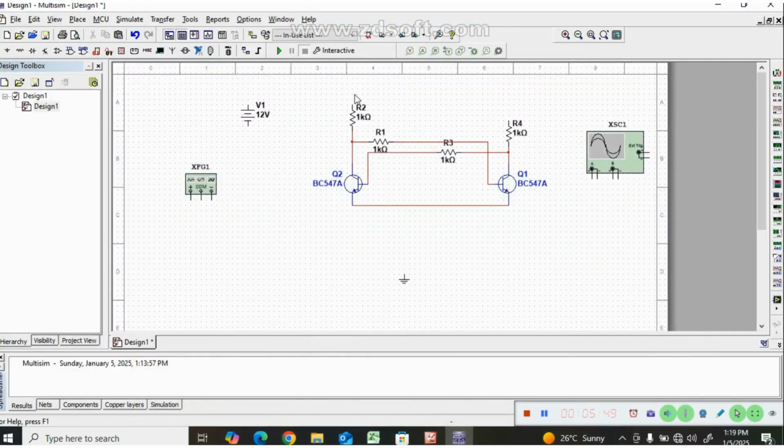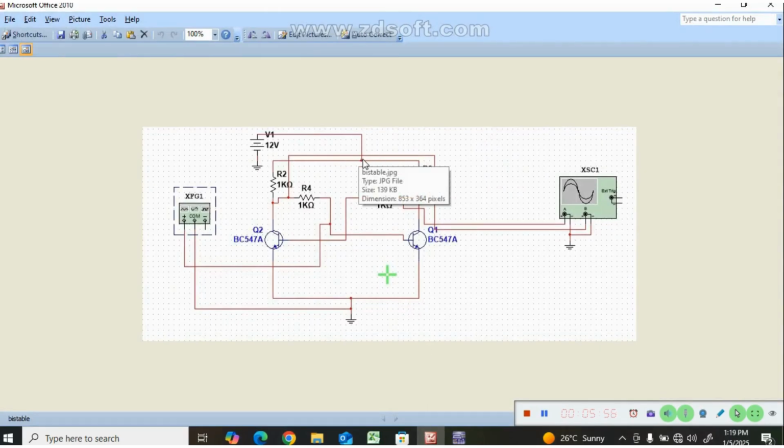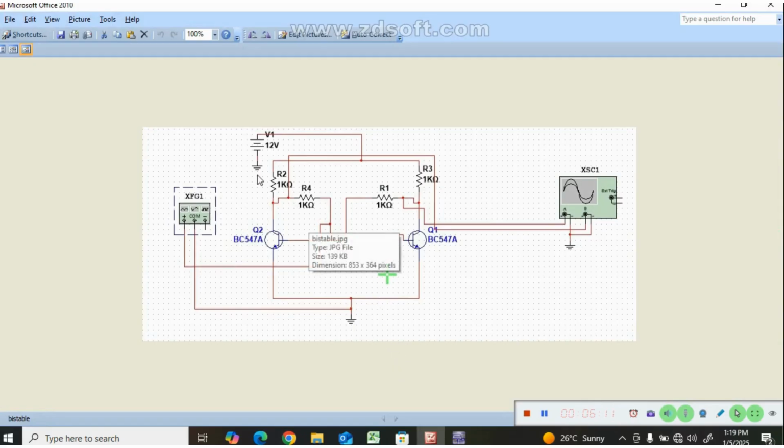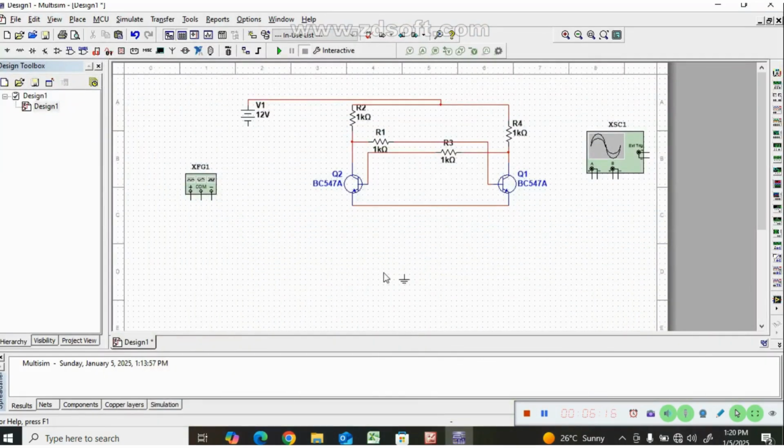At this center point we connect the 12 volt biasing, the positive terminal of the 12 volt battery, and the negative is grounded. We have to use the common ground terminal only.